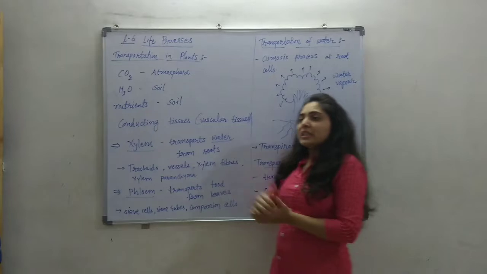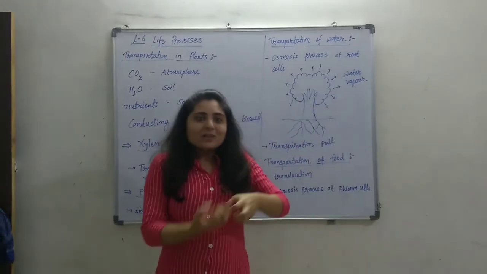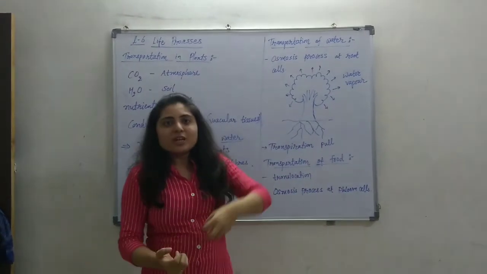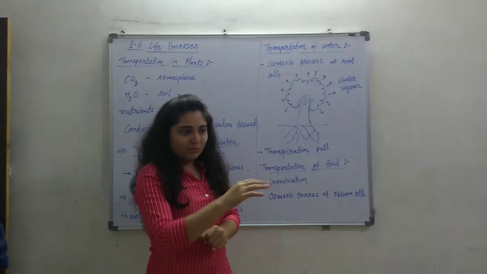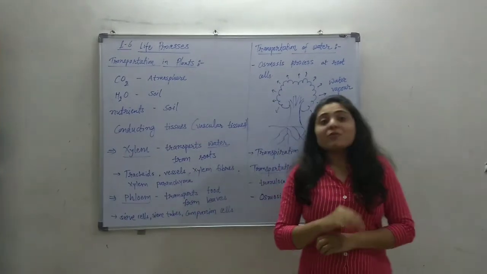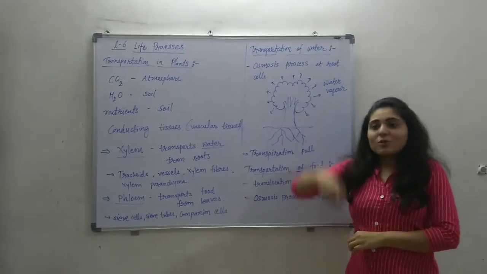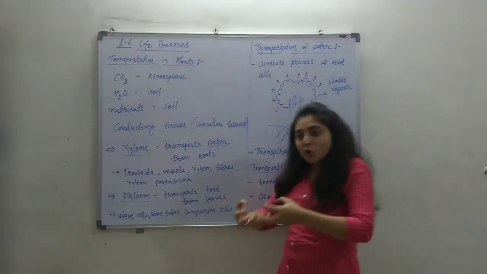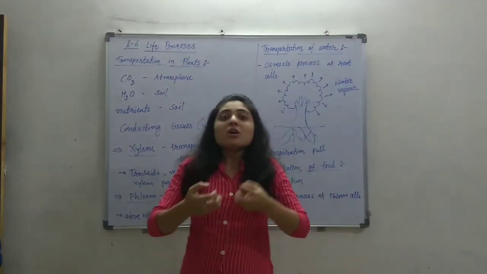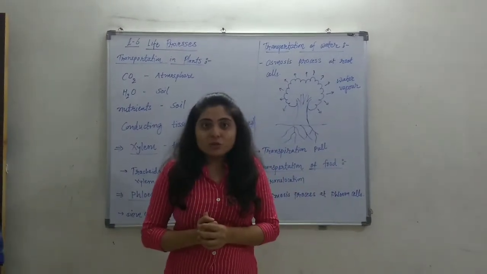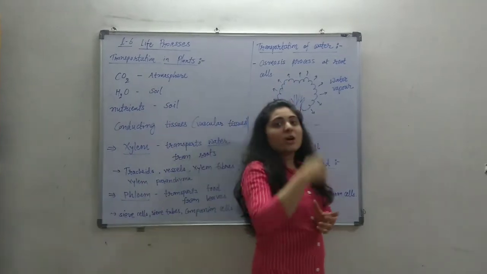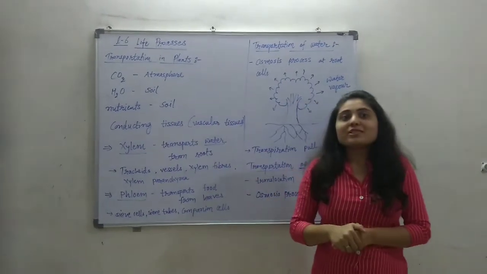For a smaller height, this osmotic pressure alone is enough to take the water to a certain height. But for taller trees, this osmotic pressure is not enough, because water has to go against the gravitational force: water is going in an upward direction while the gravitational force is in a downward direction.